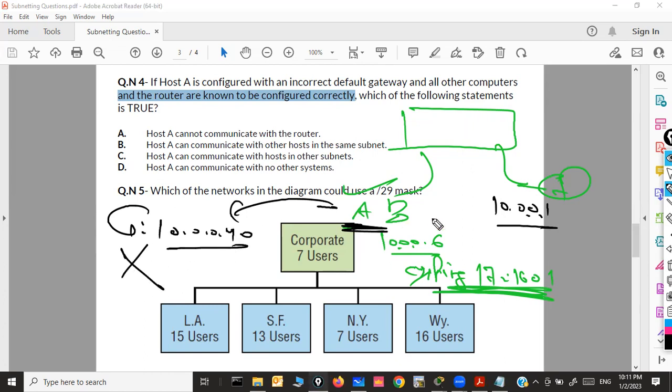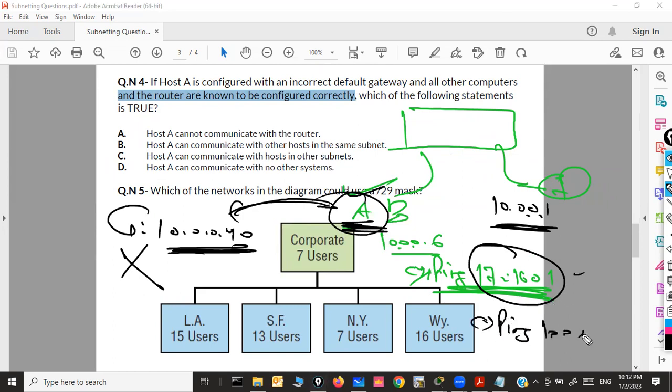This is wrong. The gateway should have been 10.0.0.1. Now if I initiate a connection to an IP of a different network, yes, it is a problem, because host A will look for the gateway, which is 40, but as there is no 40 IP here, the gateway wouldn't be reachable. But if I directly ping 10.0.0.1, then yes, it is reachable. So it was a bit tricky, in fact, right?